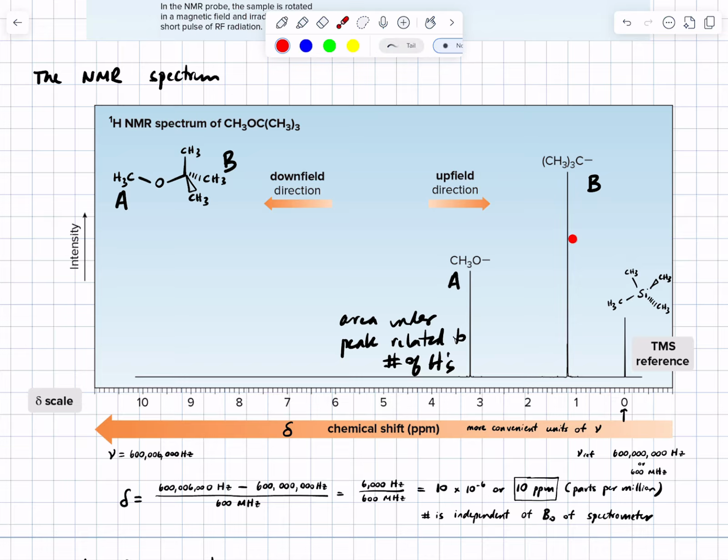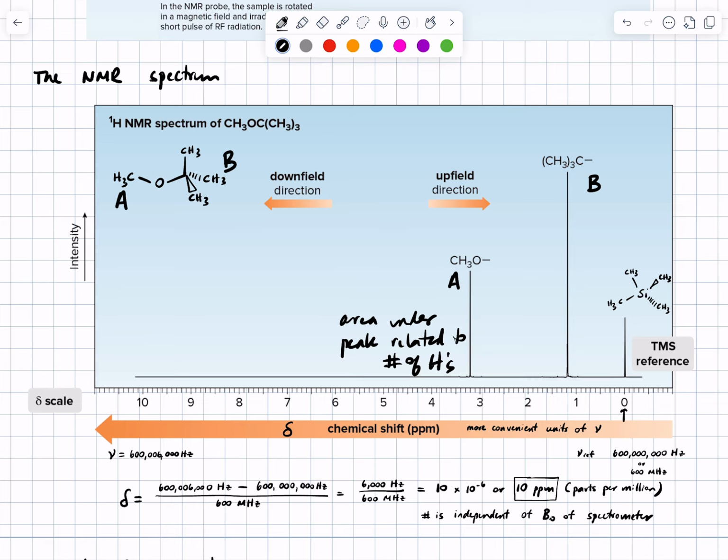So though the data aren't here, you can see that the peak that represents the tert-butyl group is higher, more intense than the peak that represents just the methyl group. That's because this peak represents 9 protons, whereas this peak only represents 3.